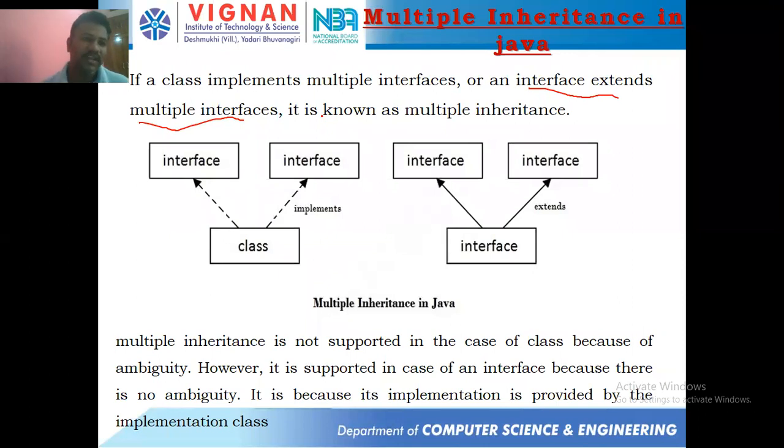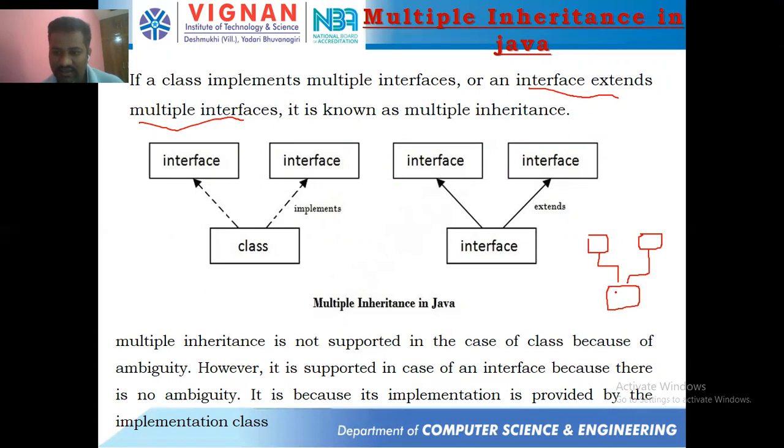See, what do you mean by multiple inheritance as per your knowledge? Suppose we have class A and class B. From these two classes, we are getting a class called C. Here this is class A and this is class B. From these two classes we are getting a class called C. Now there is a problem in C++.